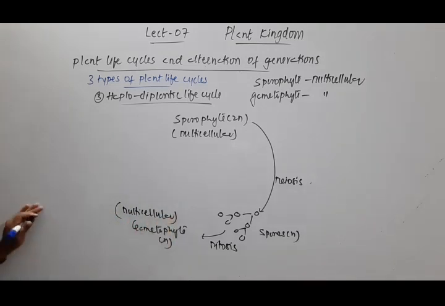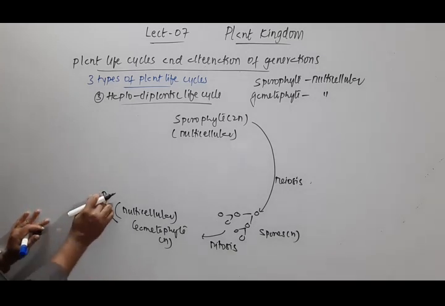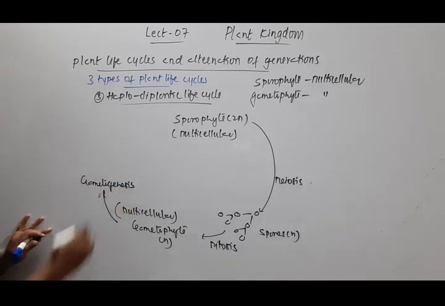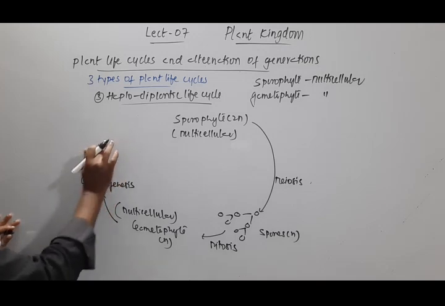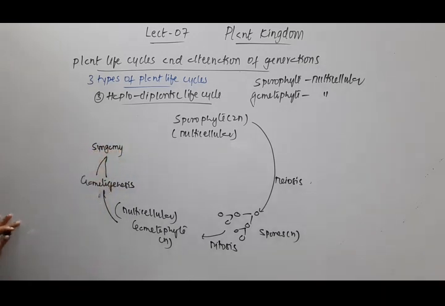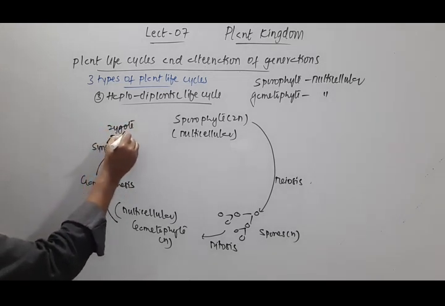As a result the gametophyte is multicellular, and the gametophyte is going to produce gametes by gametogenesis. That results in the formation of male and female gametes. They undergo fusion, which is syngamy, and this results in the formation of the zygote, which is 2n.